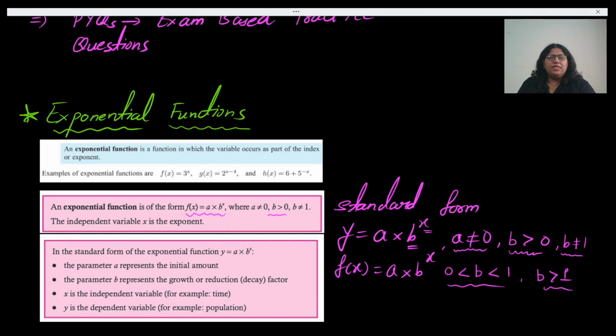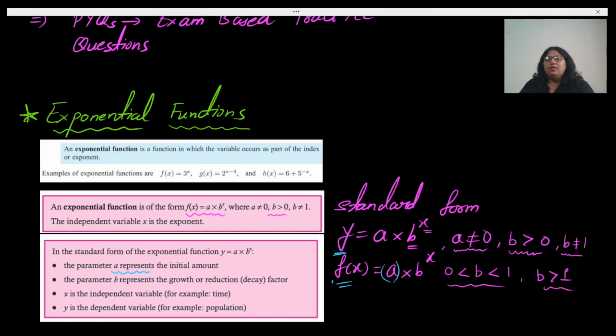Then we can write this y in the form of f(x). f(x) equals a into b to the power x, so it's the same thing whether you write y or f(x). Again, a represents the initial amount, because it is the start value. Whenever you learn the compound interest formula, the principal is known as the initial amount.